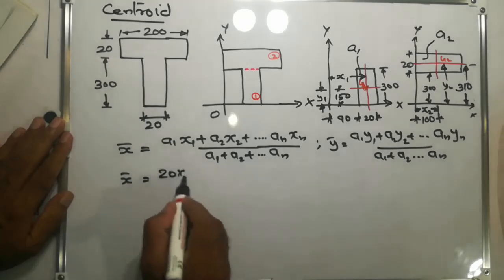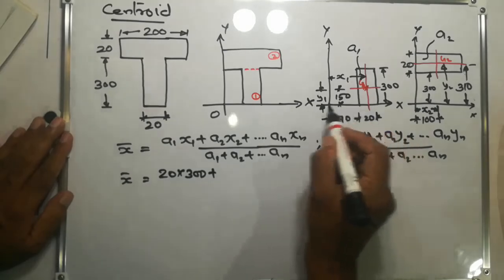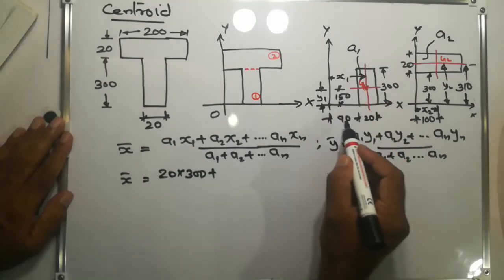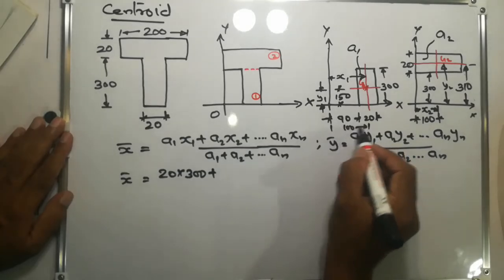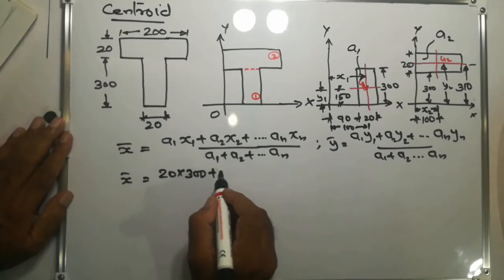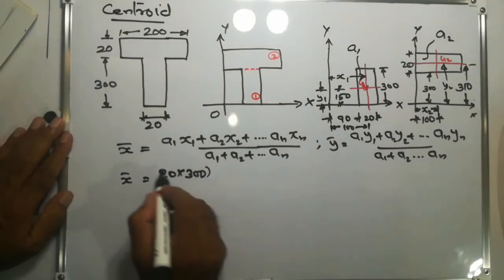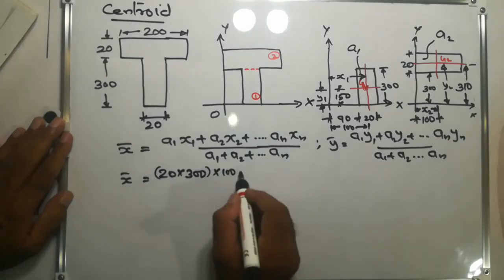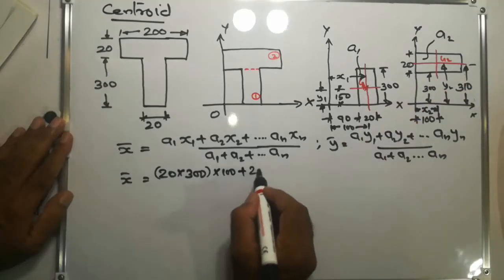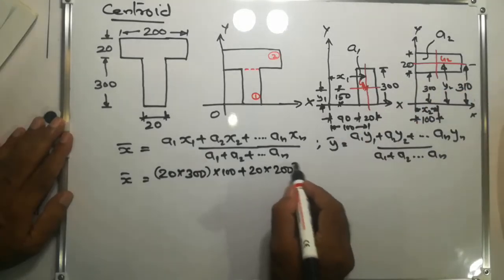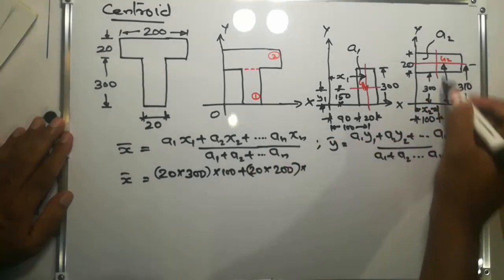So 20 into 300 into x1. x1 is equal to 90 plus 10, 100, plus a2, which is 20 into 200, into x2. x2 is 100.